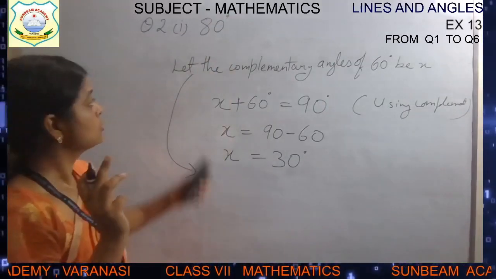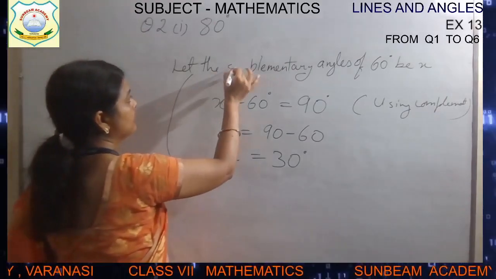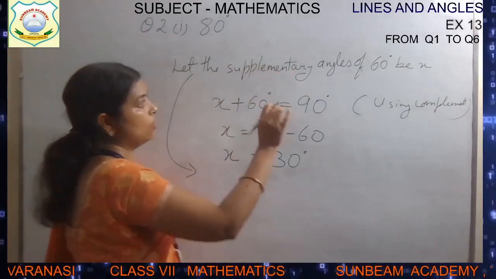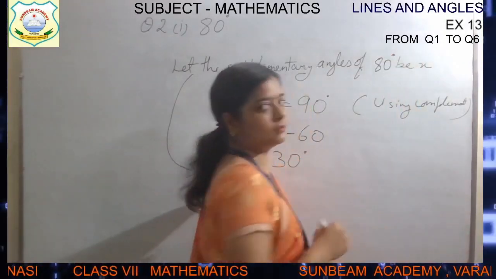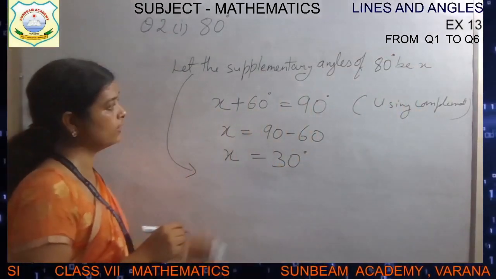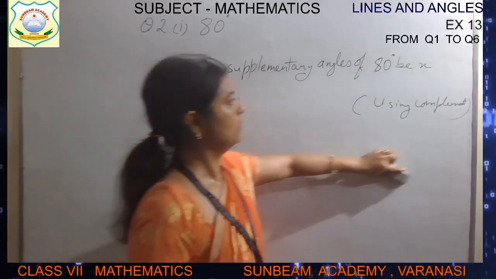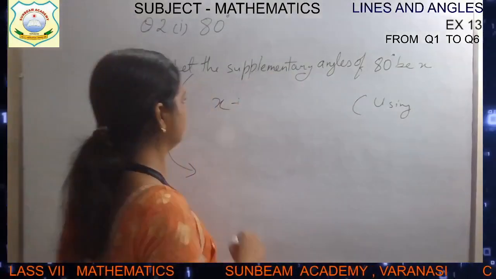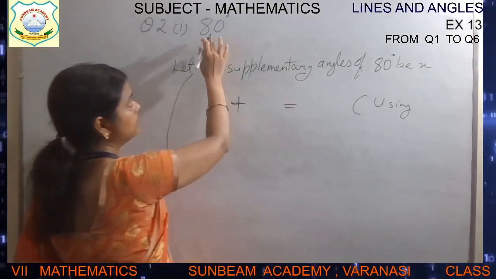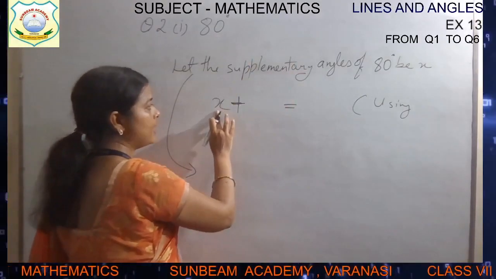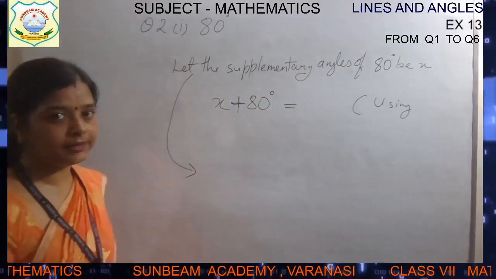So let the supplementary angle of 80 degree be x. Here you will write using supplementary angle. When you will add x and 80 degree, what is x?